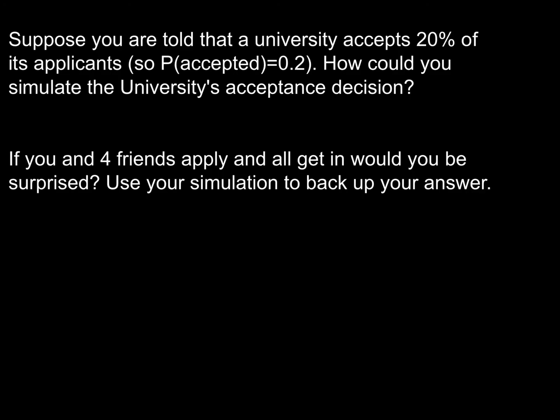So spend your time doing that. Trust me, it's not that incredibly difficult. If you'd like a hint, I suggest that you think about using a random number generator, but that's not the only way that you could do it. And this is what I will check tomorrow in class to see if you've attempted this situation with a probability of only 0.2.